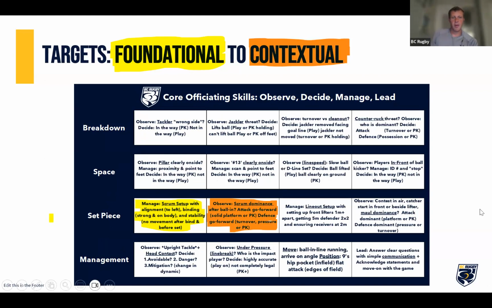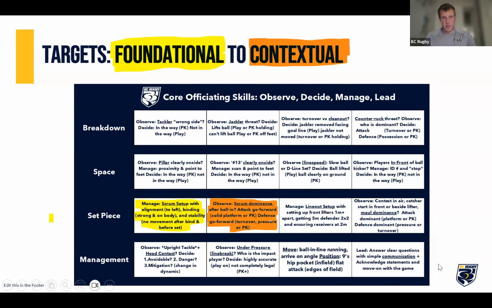We basically have our scrum set up with alignment to the left, because that's where, legally, we have to have heads being put, binding strong and on the body, not on arms, not on legs. And stability, what does that mean for referees? It is no movement after bind and before set.